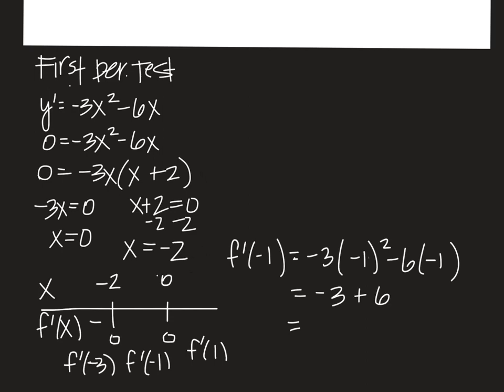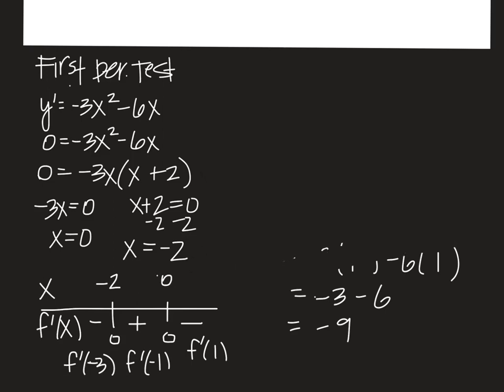Subtracting a negative is the same as adding a positive, so I get a positive value here. And then finally, if I want to evaluate this at 1, I'll have negative 3 minus 6, which is negative 9, so a negative value.